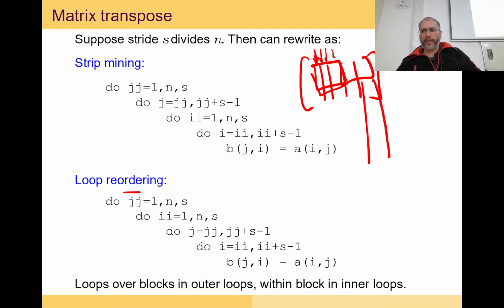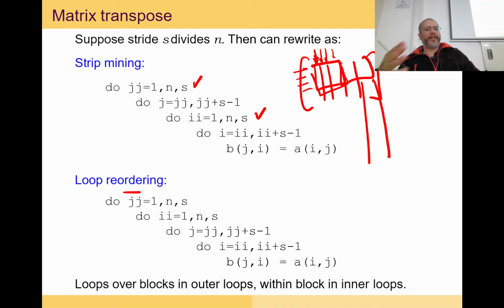That is what the first two do loops are doing, and then you do the same thing with the rows. You decide on fixing the block, and then you visit all the rows in the block. So these two are responsible for deciding the block number, and the ones inside are just visiting all the columns or rows in the block.